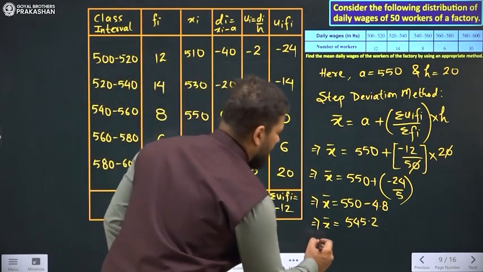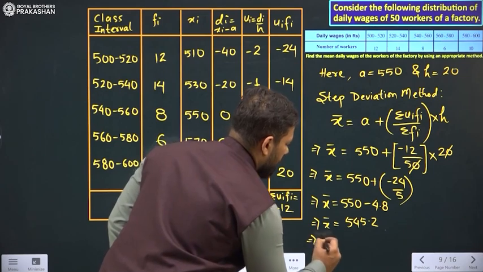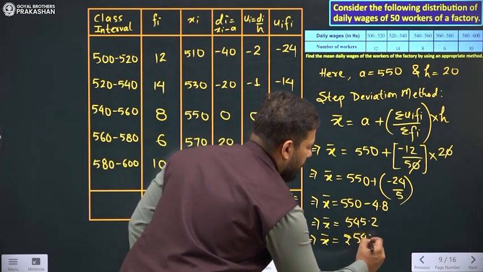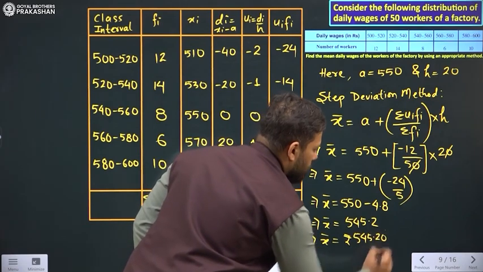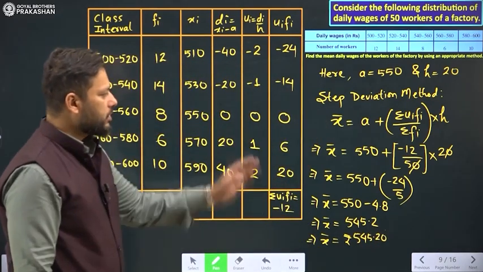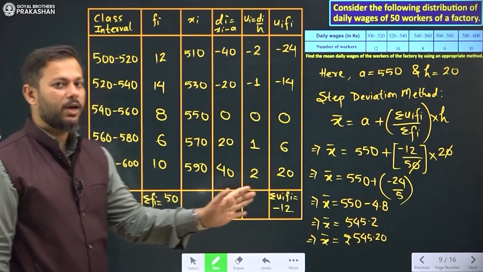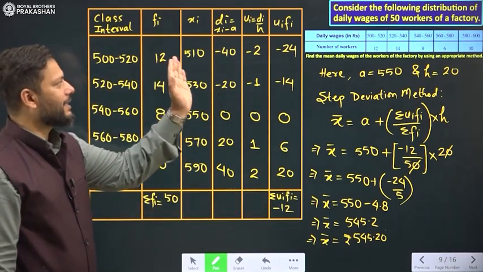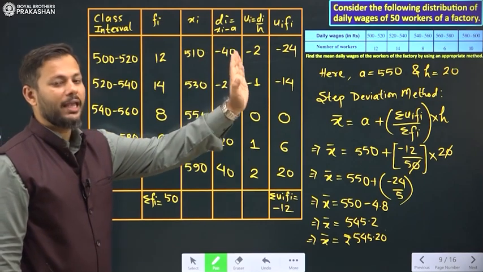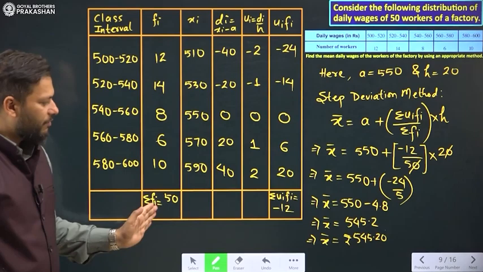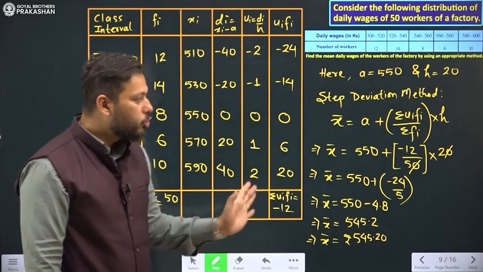We can also write it like this: X bar is nothing but rupees 545.20. Okay, so this is the answer for this question. We have used the step deviation method. We found out Fi, Xi, Di, Ui and FiUi, and we have then found out the summation of Fi as well as the summation of UiFi.